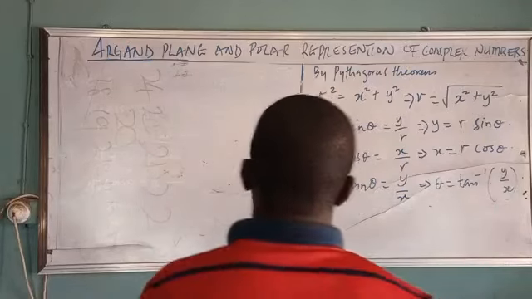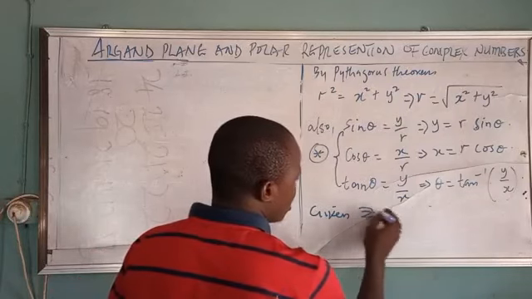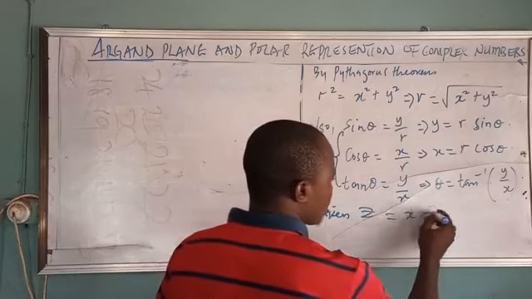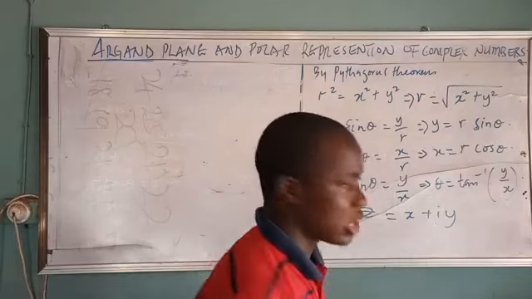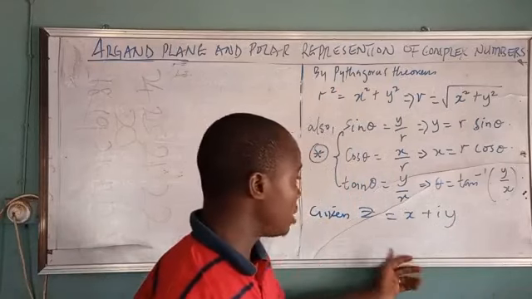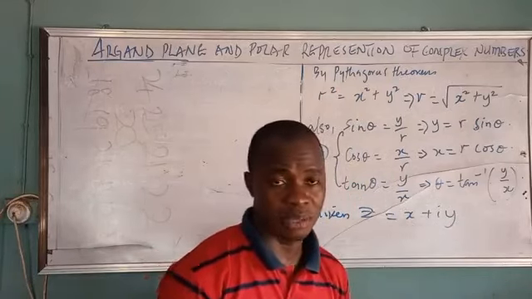So now, given z equal to x plus iy, you can see that this is the complex number, the form where x is the real part and y is the imaginary part.